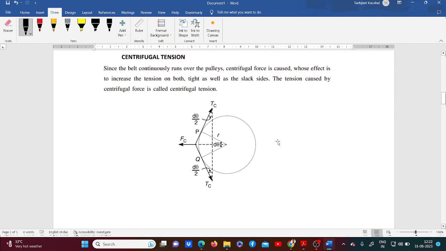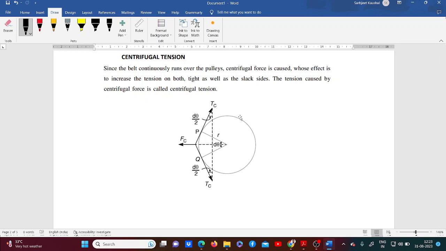So you can see that in the case of our belt and pulley drive, our pulley is rotating in either clockwise or anti-clockwise direction. And this is the common concept: whenever a body rotates in a circular direction, it experiences a centrifugal force. The same concept is also applicable in the case of the belt drive system, in which our belt is moving over a pulley.